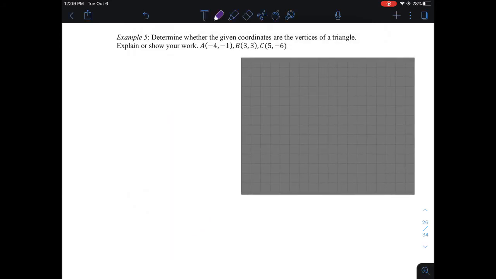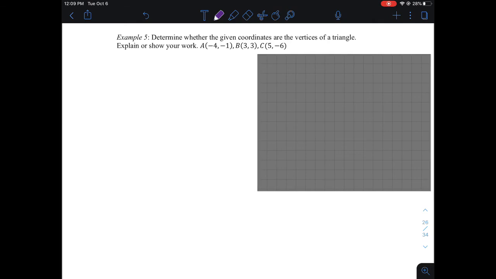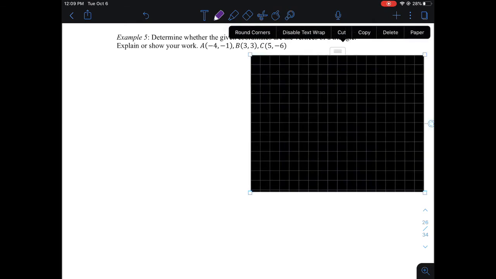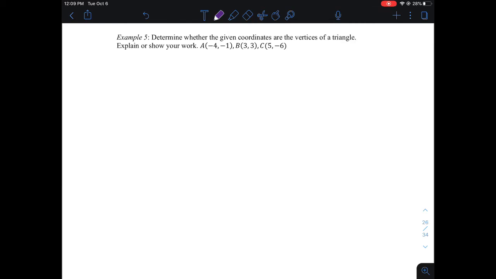You can change the background color and move it around. I'm not going to do this, but if I were to graph the coordinates on the coordinate plane, you would then need to write an explanation of how you know it is a triangle. So that is an option. However, sometimes graphing is not our best option, so I'm going to show you how to use algebra to prove that it actually does form a triangle.